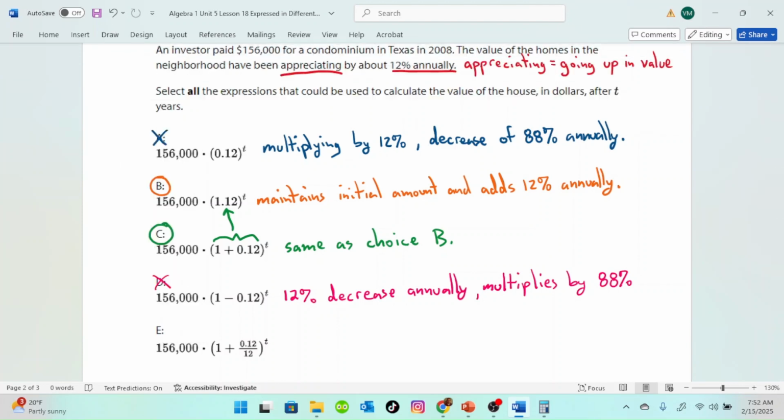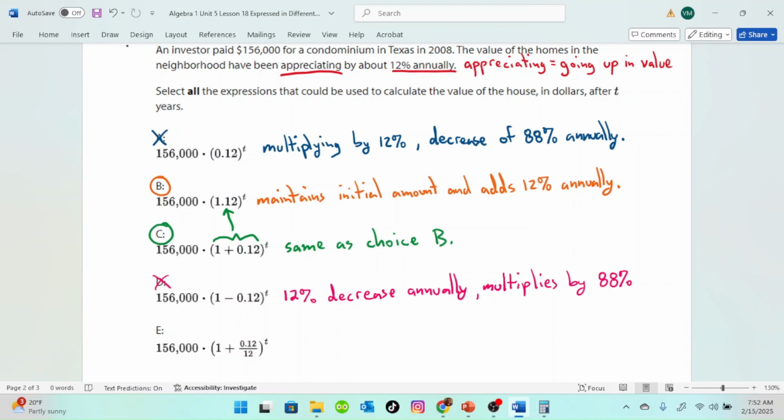And the final choice, E, the $156,000 initial price times 1 plus the 12% divided over 12 months.